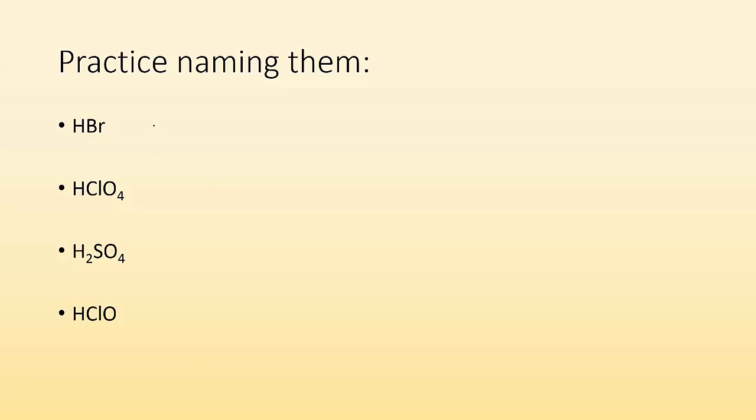All right, here we have just two elements, hydrogen and bromine. I know it's an acid because the hydrogen's written first, so I'm going to put hydrobromic acid. The hydro is telling me it's just hydrogen and bromine, and ic acid is the ending.